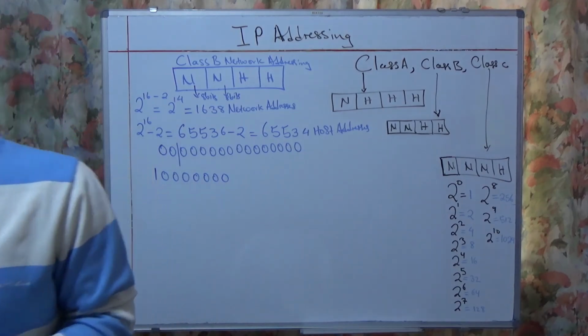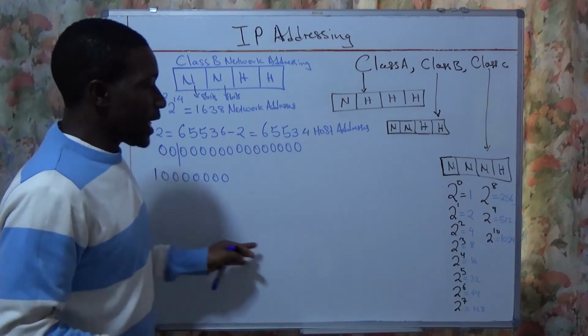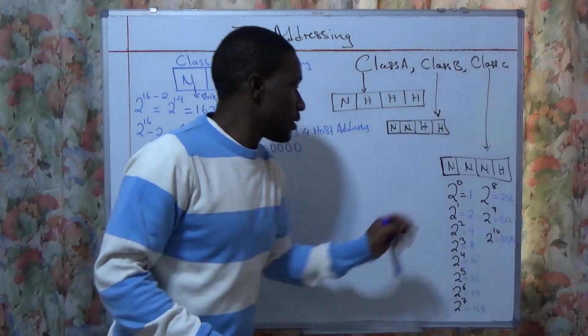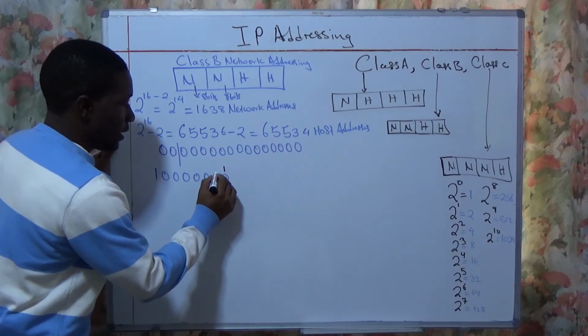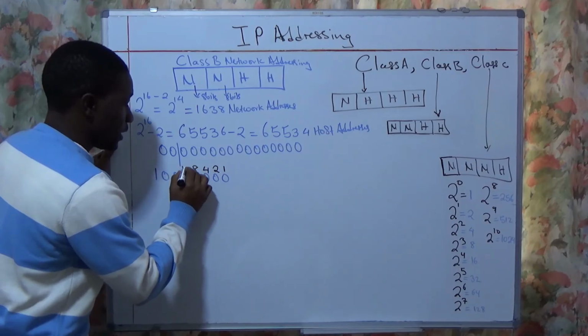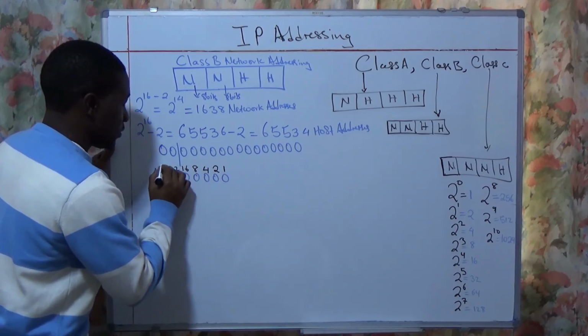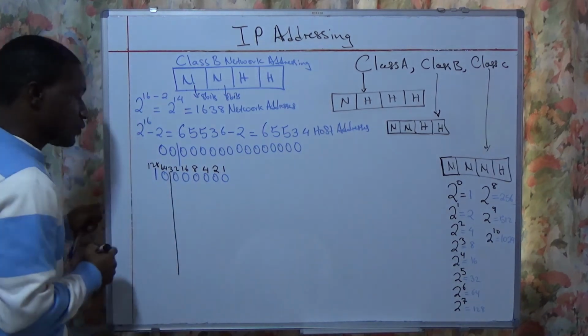Now, from our discussion, here we have it as 1, 2, 4, 8, 16, 32, 64, and 128. That is what we do.